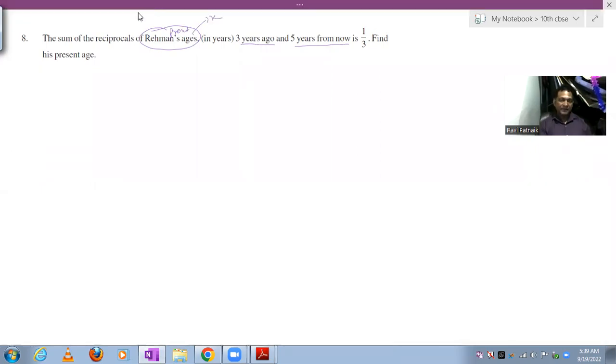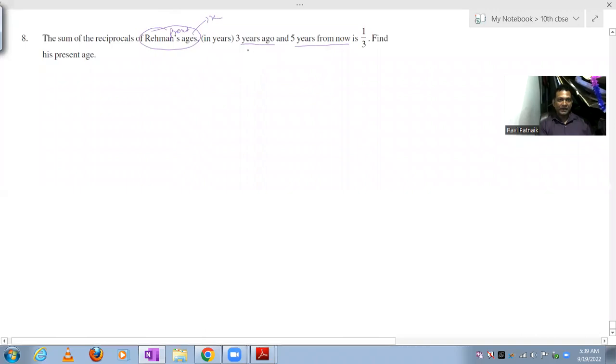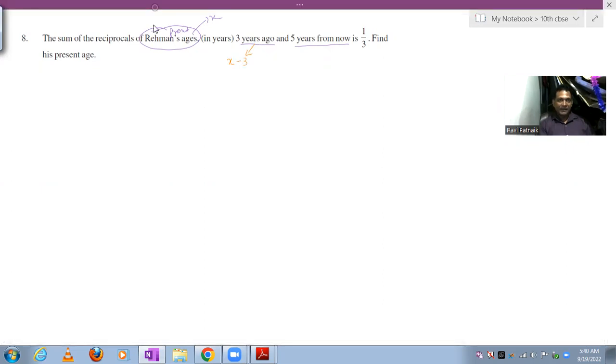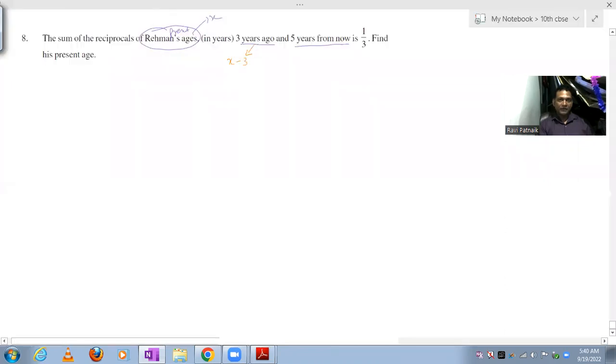Then Rahman's age 3 years ago becomes x minus 3. Rahman's age 5 years from now will be x plus 5.